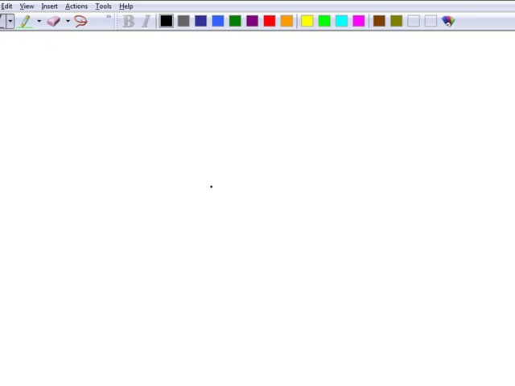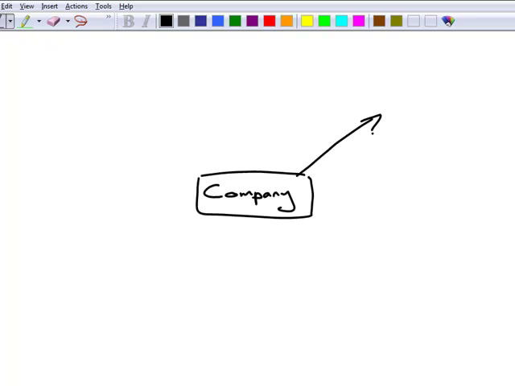Let's imagine within this diagram we've got a company. The company sells its goods or services to the customer, and this company will also be provided with goods or services by its suppliers.